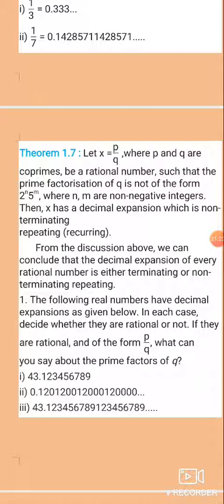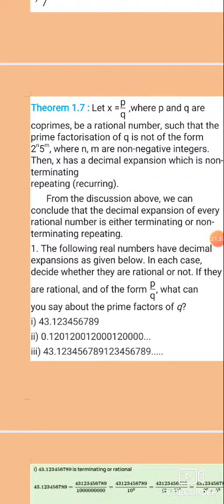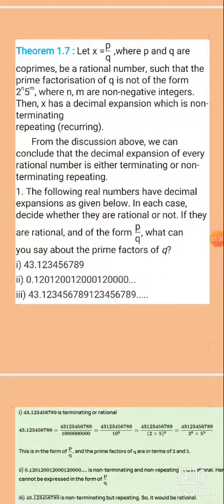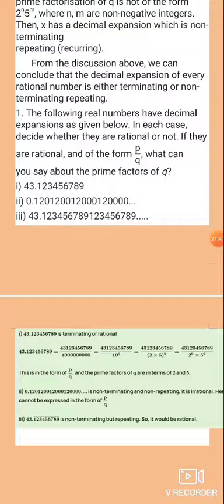First one, listen carefully, when you consider 43.123456789. What type of number is it? A terminating rational number. After some places of decimal, the division stops there. Now it can be written in the form: avoid the decimal, and divide that number by 1 followed by as many zeros as there are decimal places.